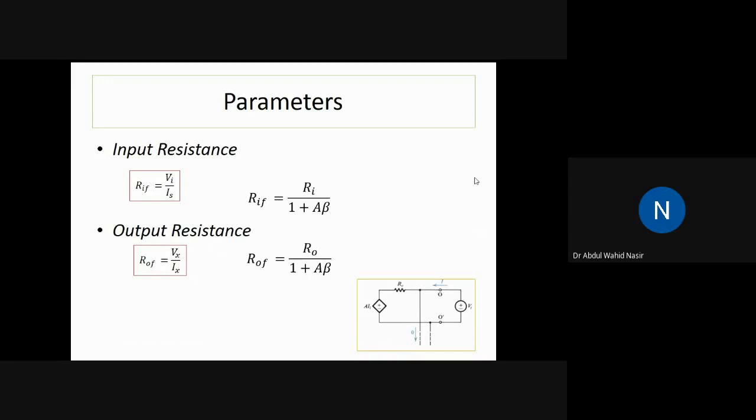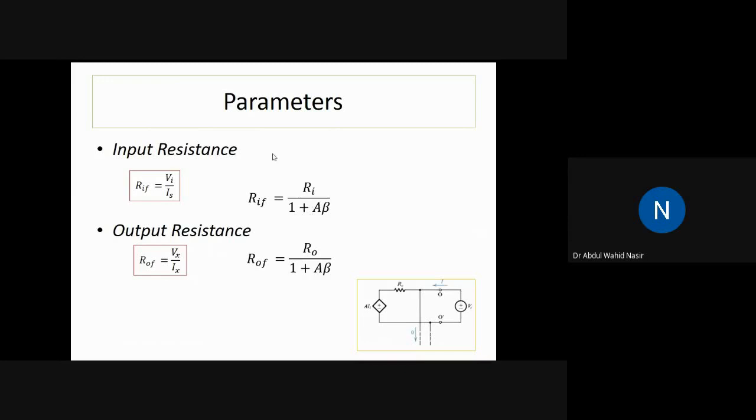But whenever you implement negative feedback, the resistance gets decreased by a factor of 1 plus A beta. So without feedback it is Ri, but with feedback it is Ri divided by 1 plus A beta.